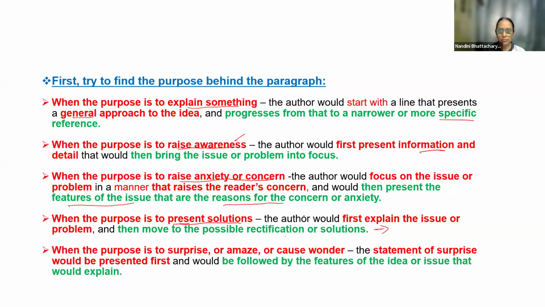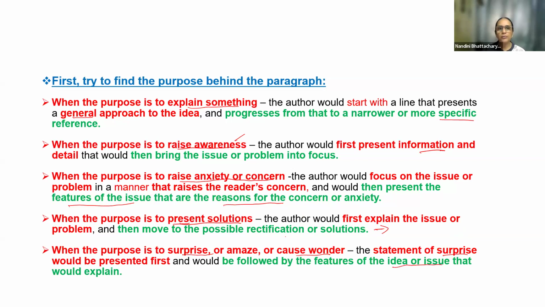Now, if the purpose of the paragraph is to surprise or amaze or cause wonder about something, then the surprise element must come first. Right? And then it should go on to why it is surprising; the idea or the issue can be explained.